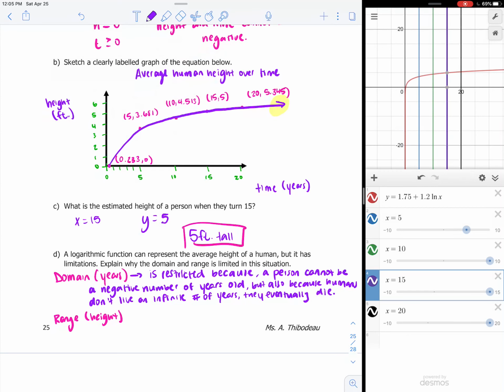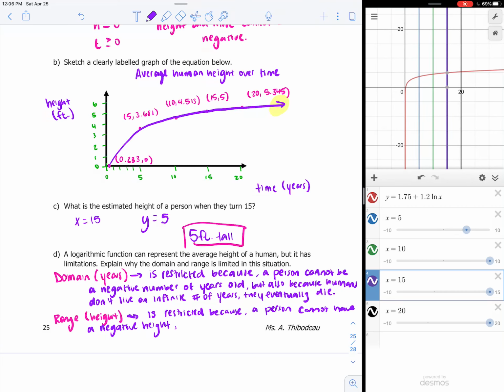And again, we've already mentioned one restriction that exists on our height. Our height can't be negative, right? So our range is restricted because a person cannot have a negative height. But also, right, in our range of a regular graph, we would say that our range would continue to infinity.